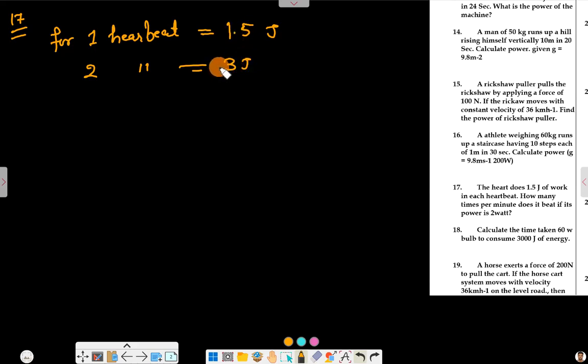Okay, that much is clear. Now going further, it is asked how many times the heart beats if its power is 2 watt. So the heart's power is mentioned: 2 watt, which means 2 joule per second. Suppose the heart has an engine.